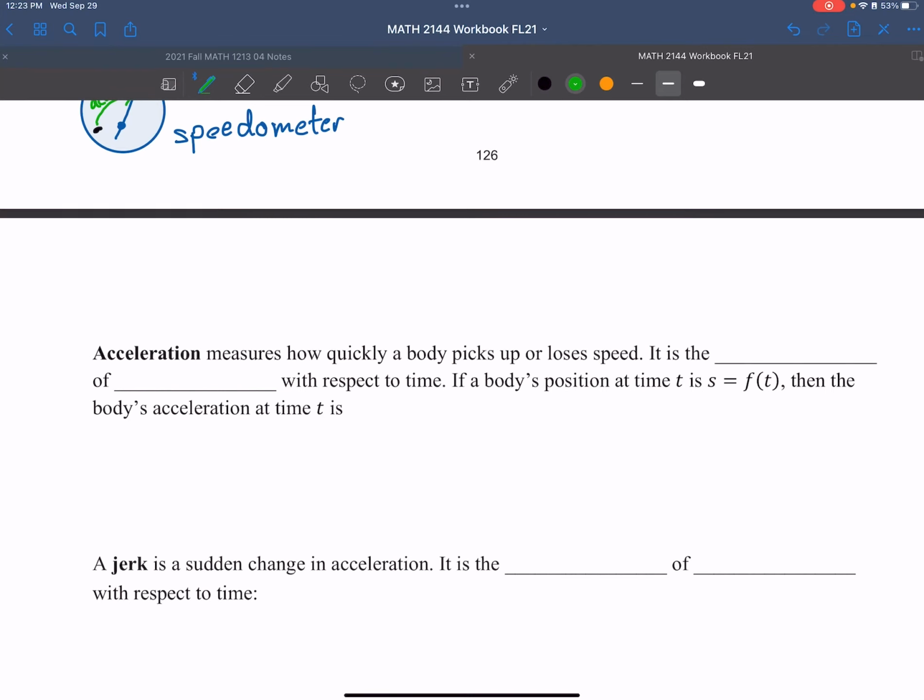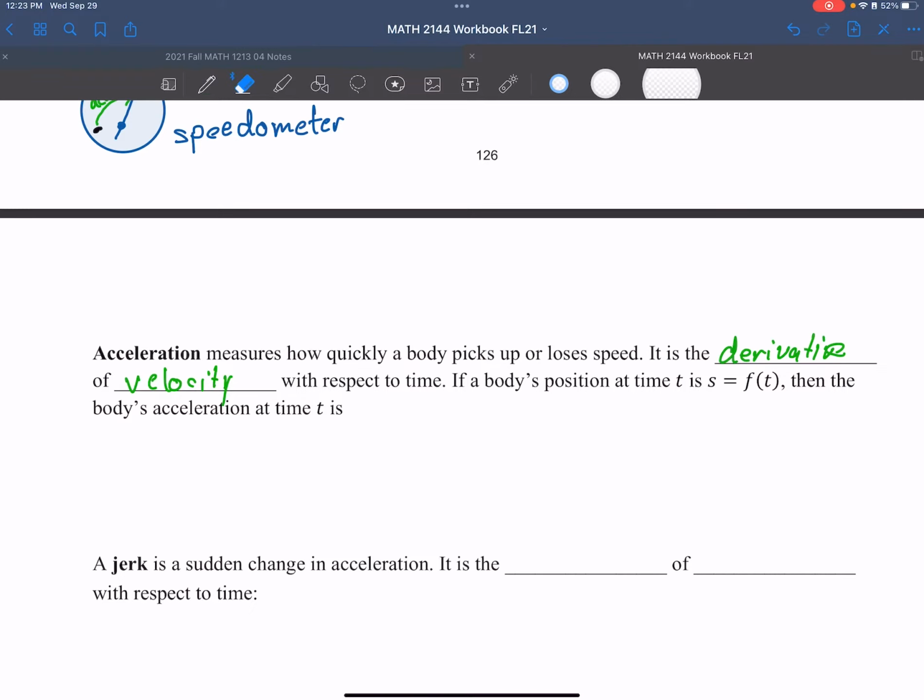Acceleration is how quickly a body picks up speed or loses speed. It is the derivative of velocity with respect to time. So acceleration is the second derivative of the position function or the first derivative of the velocity function.